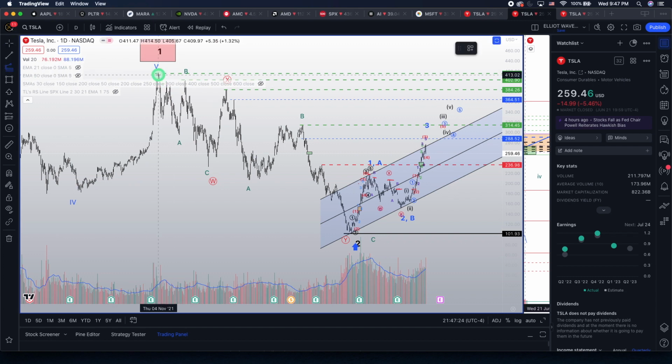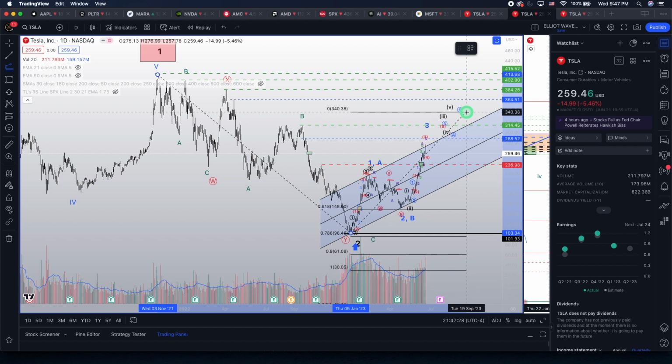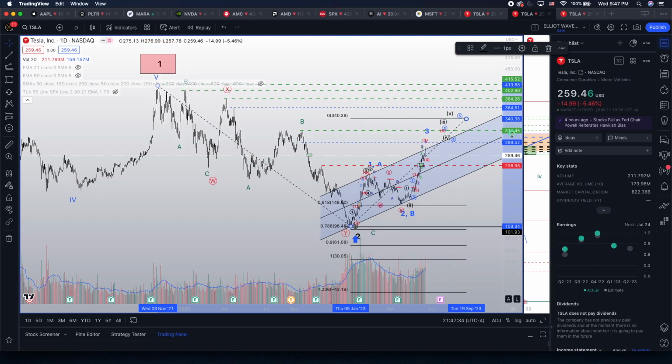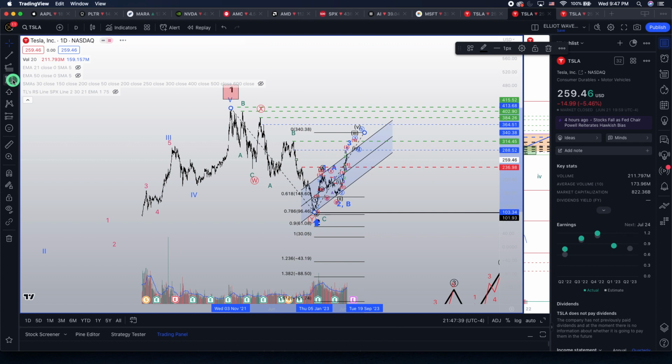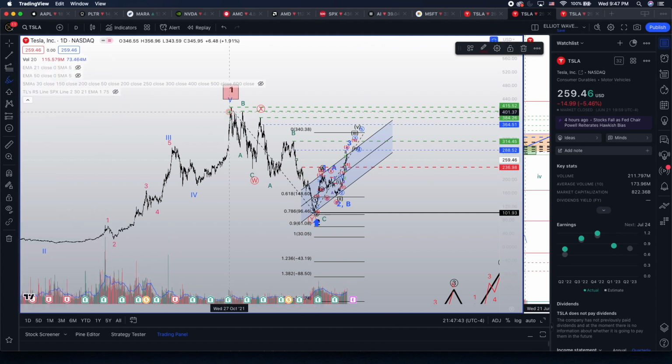If this were a C wave, we would be looking for a 1-to-1 of this move, and even if we took this to 340, which would be the max that this C could go up to, right? Then this would be our A wave, and then we would be getting A, B, C, and anything more than this would be more than 161.8%, which would not be a C wave in my opinion.